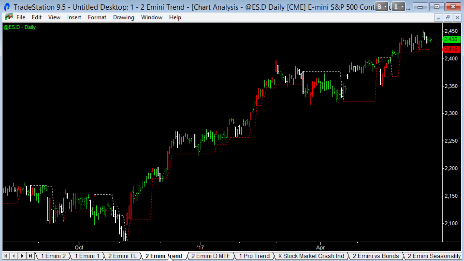Then I started incorporating volume, and this is better X trend, where we're using the range and the volume to show the trend. So trends start off with explosions of volume, and then trends end with exhaustion volume, and so you can use those extremes in volume and range to determine the trend.